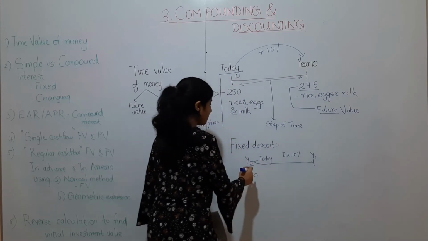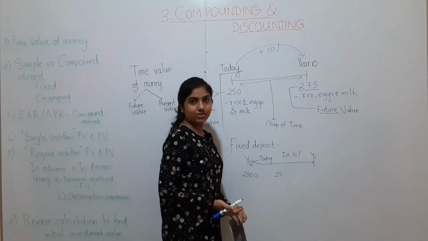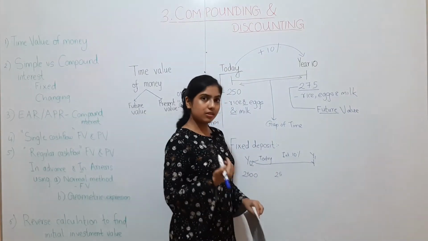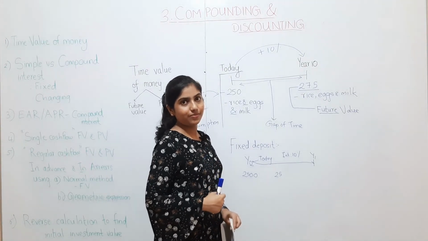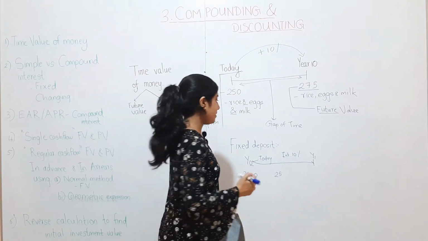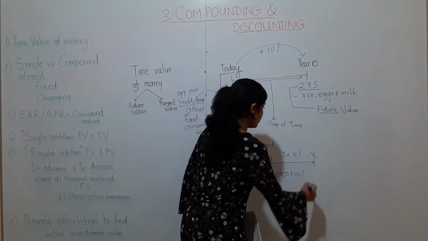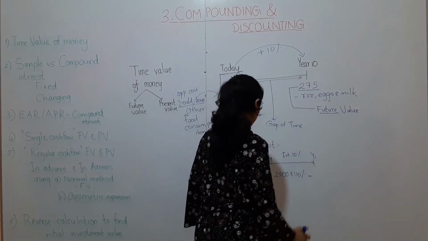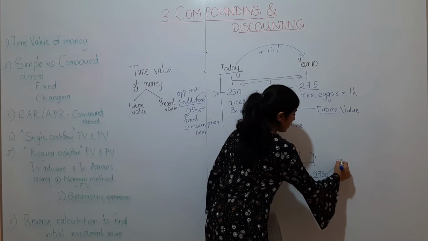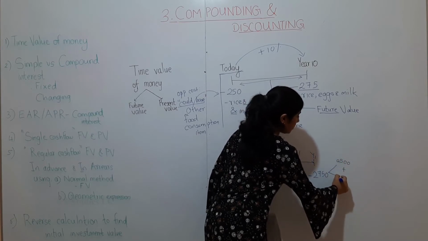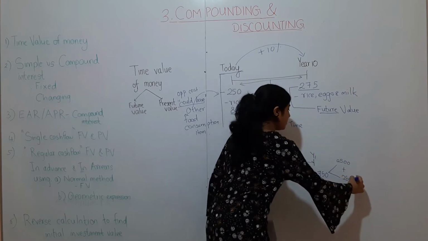So 10% added on to 2,500, how much? Remember your percentage calculations where you multiply 2,500 by 110% to get your future value. Recall those, alright. So 2,500 multiplied by 110% is equal to 2,750. So this includes 2,500 plus your interest earned of 250 interest.